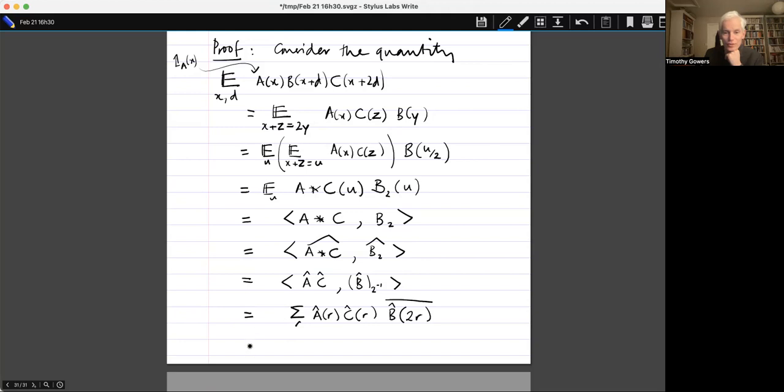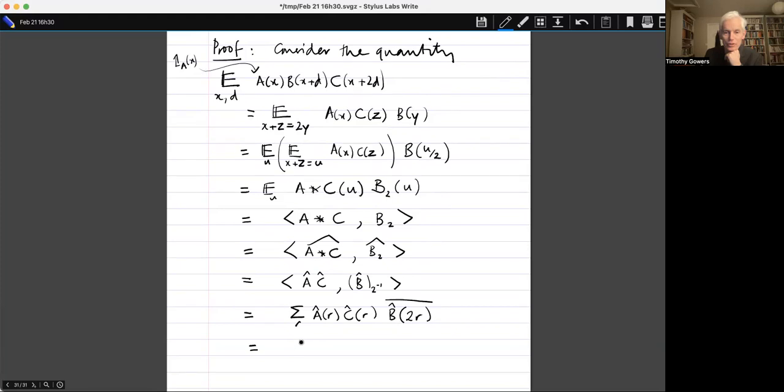And that equals, by the fact that B is a real valued function, and this is not an important step, what I'm about to do. I could just not do it, but I somehow prefer to write it like this. But as I say, if I kept it like that, it would make no difference.